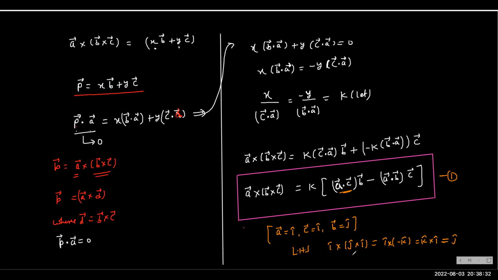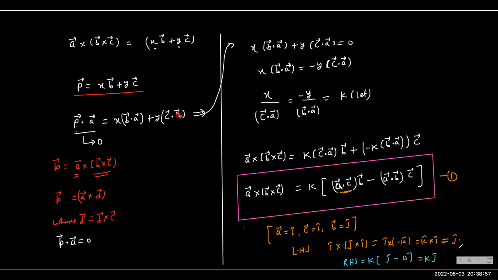And RHS is how much? Do the same thing here. A dot C, which is 1. I dot I is 1. And B is J, so this is J cap minus A dot B, which is 0. That's gone. So what we're getting is KJ. LHS is J and RHS is KJ. What does it mean? K is how much?